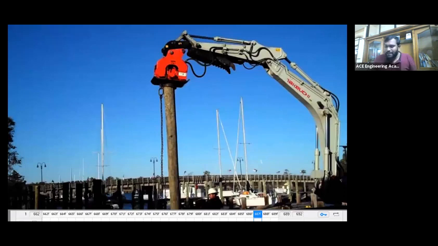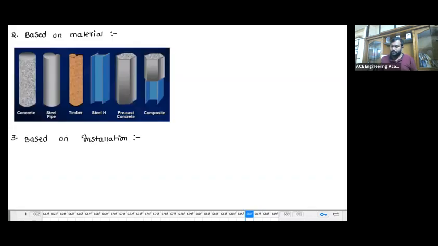By means of heavy cranes or heavy hydraulic machines, I lift up the pile and keep it in position. Then by means of pile driving equipment, I hit it so that the pile will drive into the soil. So here, based on the installation, number one, precast driven pile.